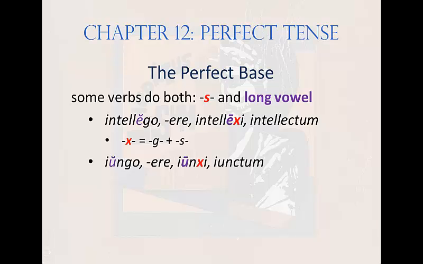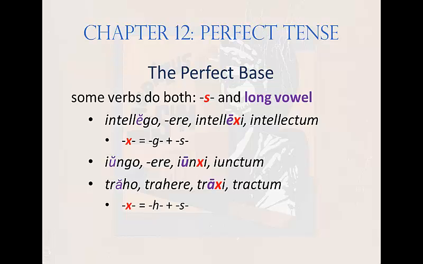Another example, jungo, jungere, junxi, junctum, following the same pattern as intellego. And here's a third example, traho, trahere, traxi, tractum, where the h plus s produces x as well.